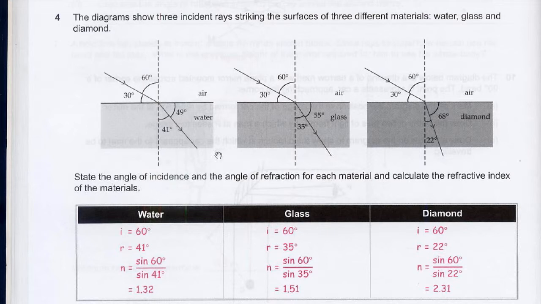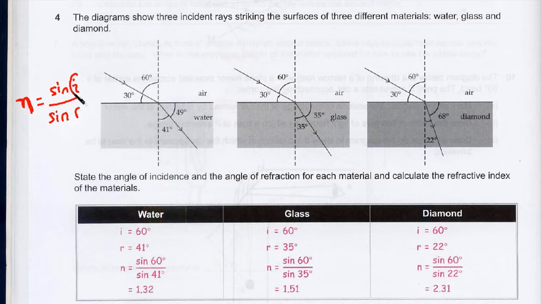Now recall, there's only one formula for you to remember. How do we find the refractive index, and how is it linked to the angle of incidence and the angle of refraction? I'm just going to write it over here. The refractive index, usually written as n, equals sine i over sine r.